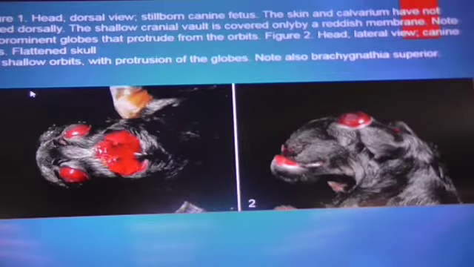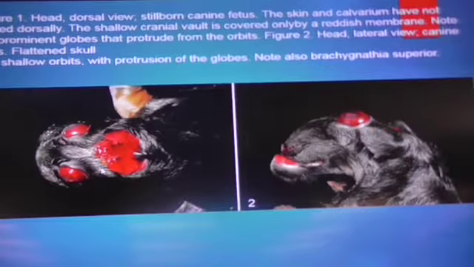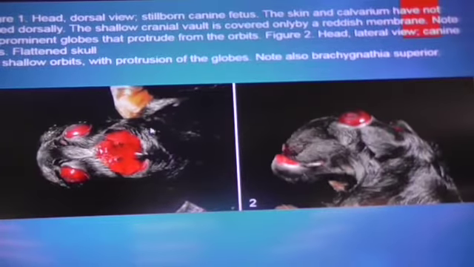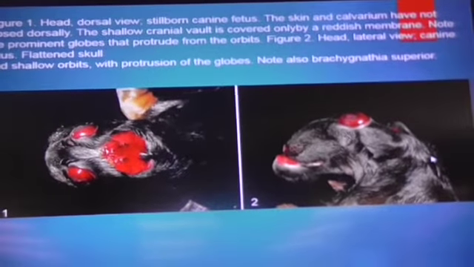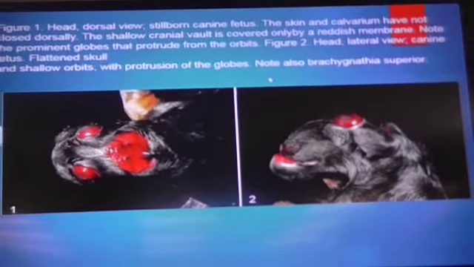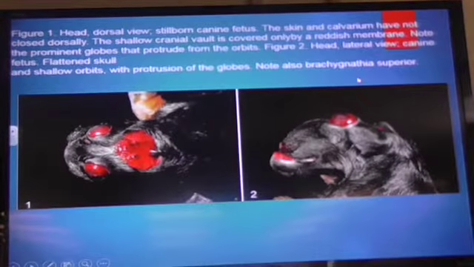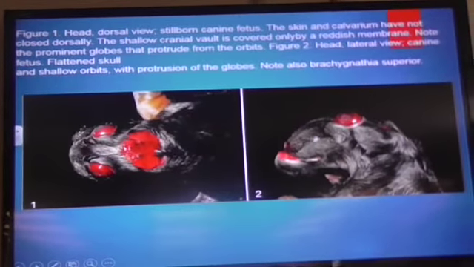And this is from an article from a dog with anencephaly. I believe it had a viral etiology associated with it, but I can't remember. So we have the eyes, and this is the top of the head. And so he has the complete absence of the cerebrum. It said note also that he has brachygnathia superior associated with it.